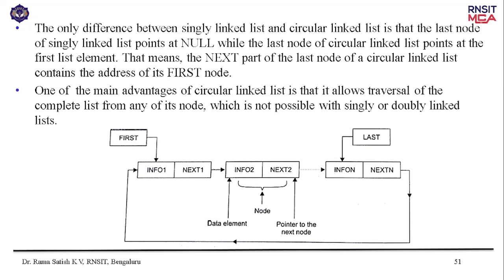Whereas in a circular linked list, you can traverse according to your choice. That means you can retraverse. You start from the first and can visit the nodes any number of times, whereas in a single linked list you can visit only one time. That is the main concept that you should understand.